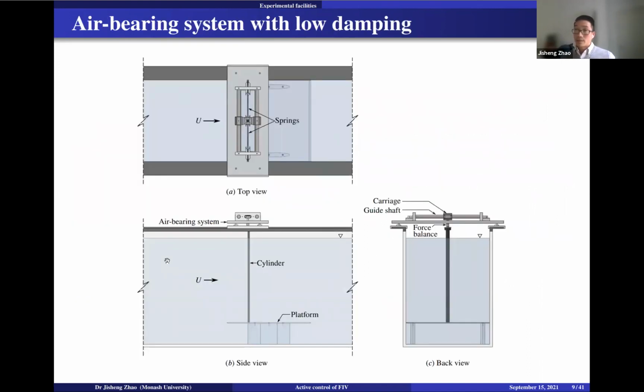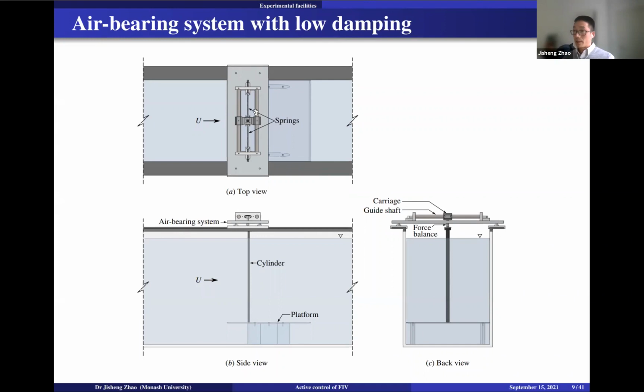To simulate the mass-spring-damper system, I built an air-bearing system. This is the drawing from 3 different views. The top view shown here is the air-bearing structure placed on top of the water channel. The flow is coming from left to right.